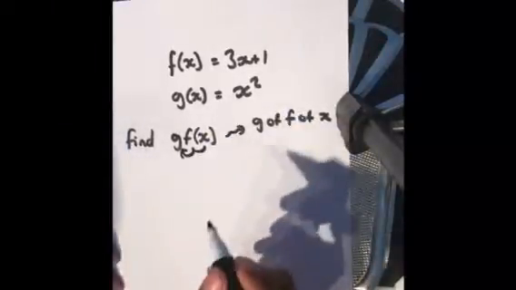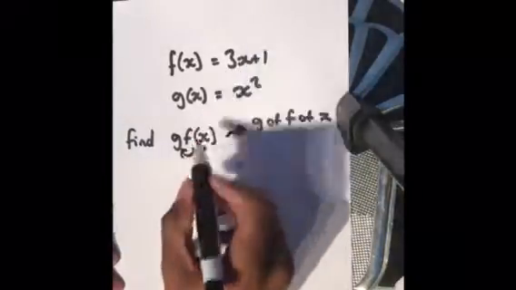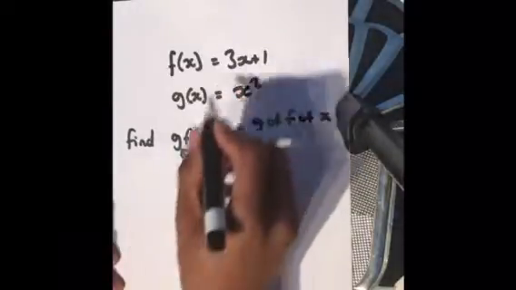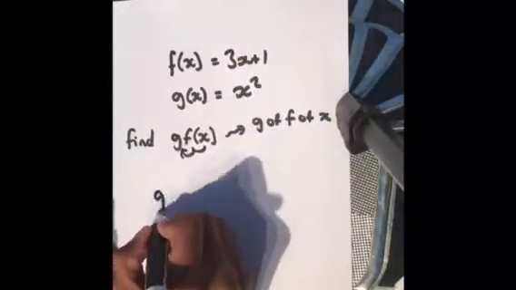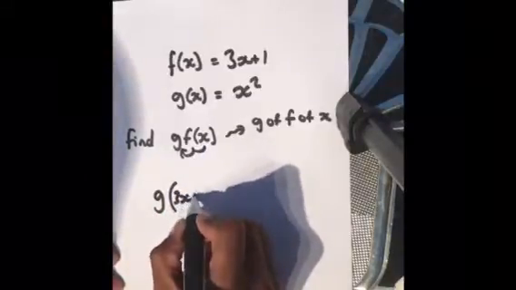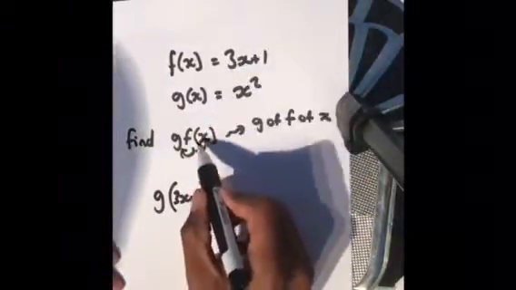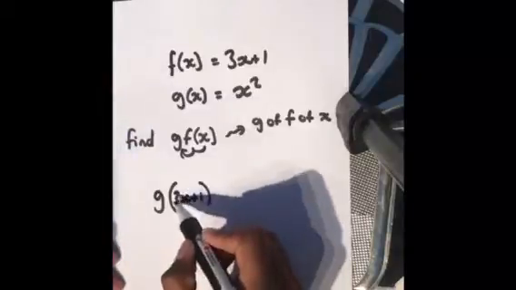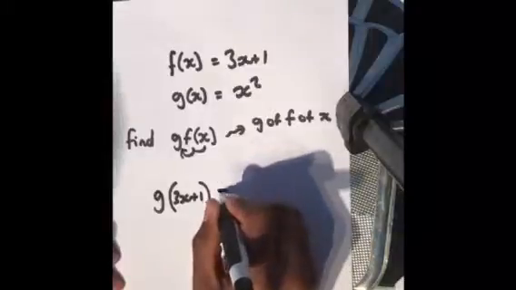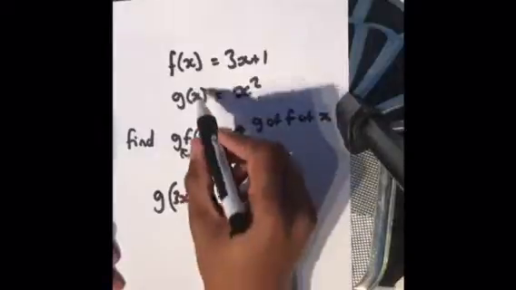I'll try and show what that means. First of all, I have to take what I had in f of x. I know that f of x equals 3x plus 1, and I'm going to plug that into this function. So my new g function will actually be g of 3x plus 1. So I'm taking the f of x and placing it inside the bracket, using that as the input for my g function. What was my g function? My g function was to do x squared, but I haven't got x now.